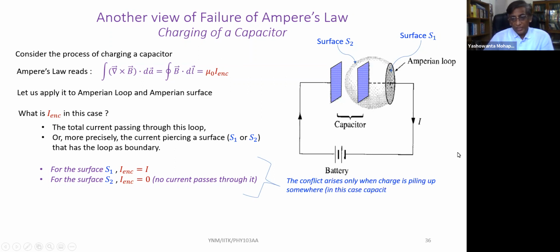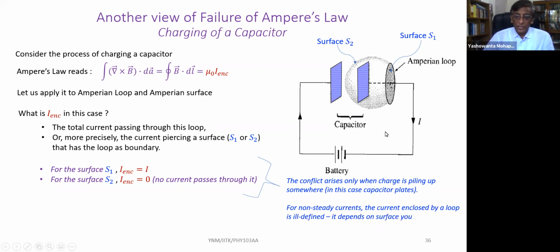In this case, of course, the capacitor plates, the charge is piling up here, and for non-steady currents, the current enclosed by a loop is ill-defined. It depends on the surface you choose. If I use this surface, then I enclosed is 0. If I use this surface, I enclosed is I.